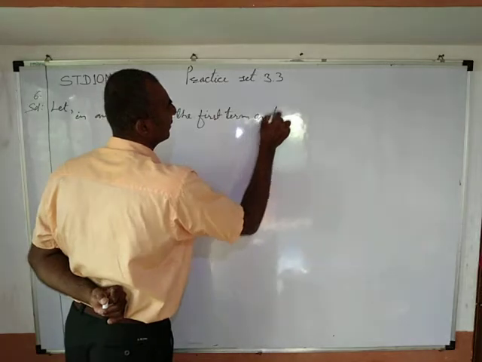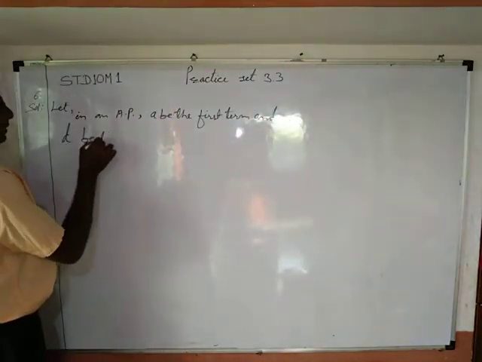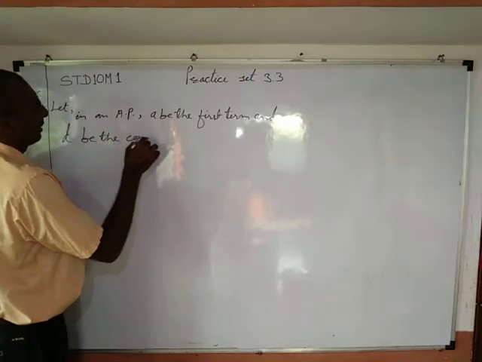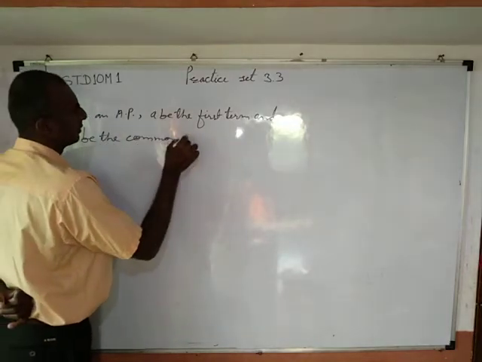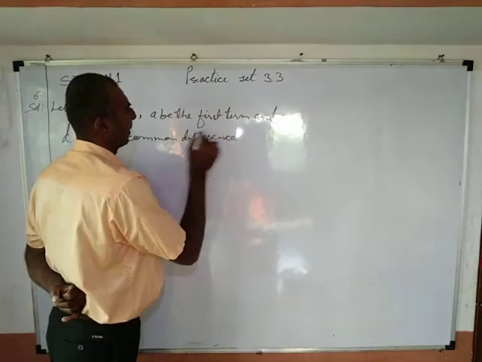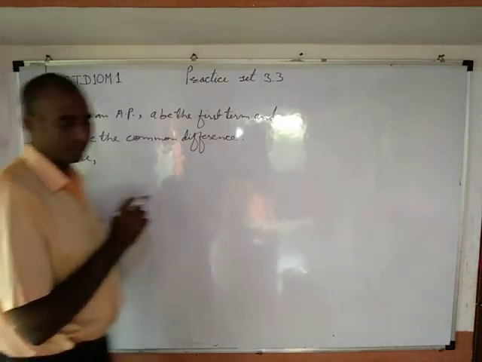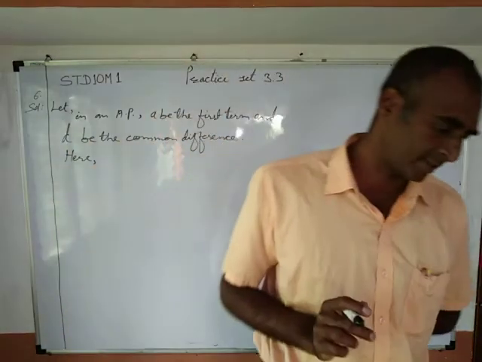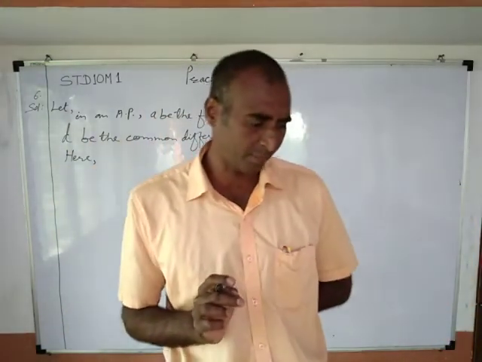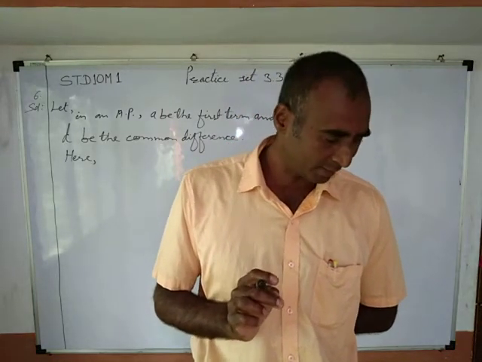and d be the difference. Here, what is provided? It tells us the sum of the first 55 terms in an AP is 3300 and to find the 28th term.